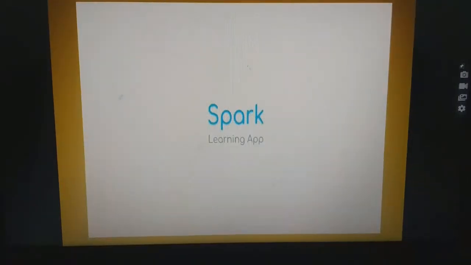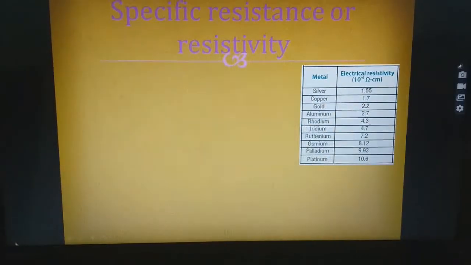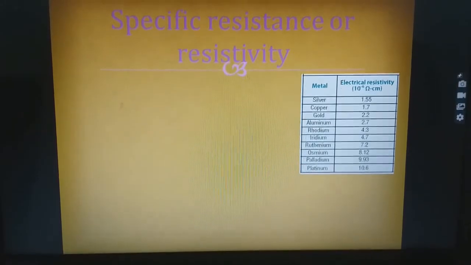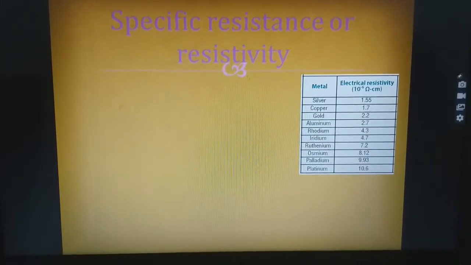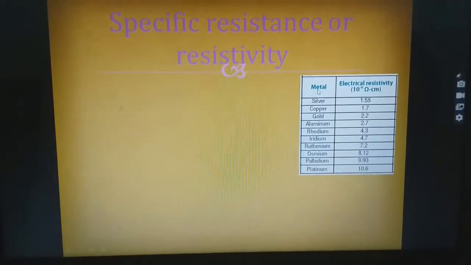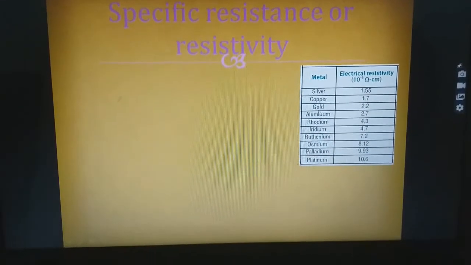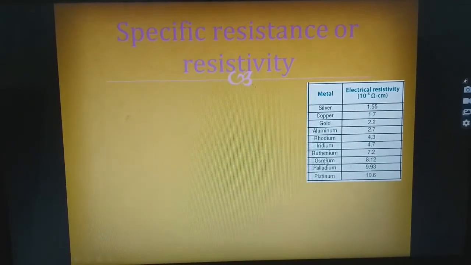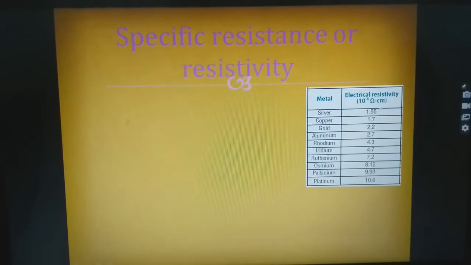Specific resistance or resistivity. Here we have a table. In this column are different metals: silver, copper, gold, aluminum, rhodium, iridium, ruthenium and so on, with their electrical resistivity. The order is 10 raised to the power minus 6.